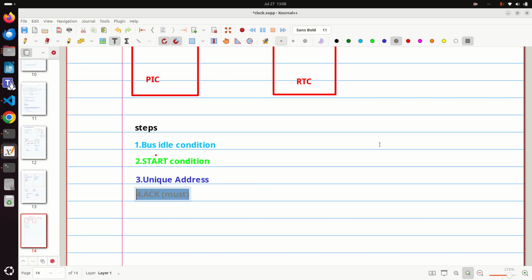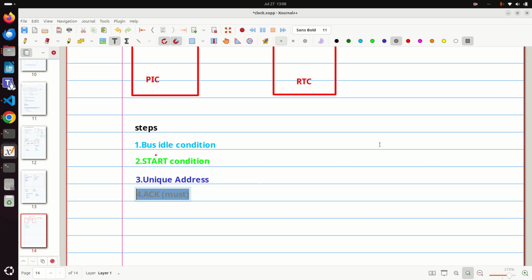But RTC has not only seconds, isn't it? Inside RTC we also have month, year, date. So how will it know to read the seconds or minutes? After acknowledging, the microcontroller tells I want seconds. Then master is going to transmit the seconds register address.